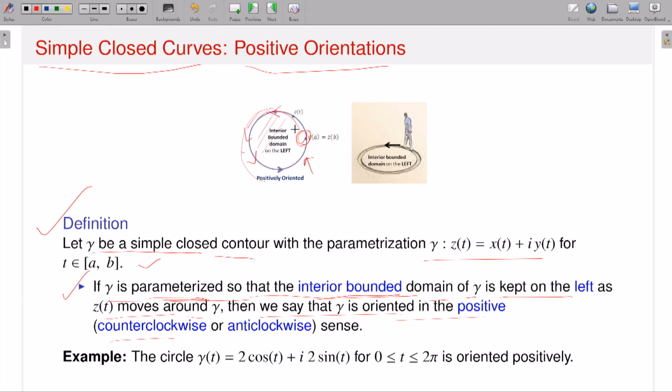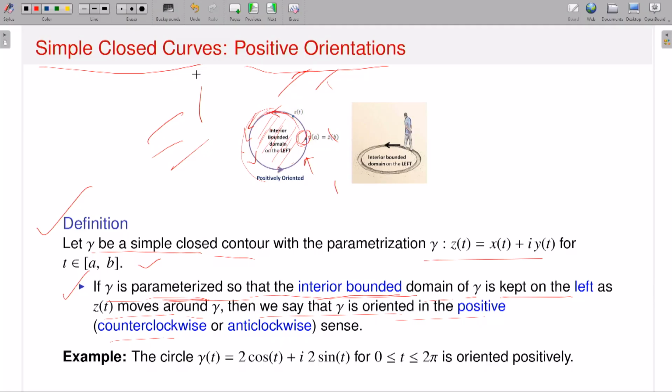This is the bounded domain bounded by my simple closed contour. This is the interior and this is the exterior. If I move along in these directions, the interior bounded domain is always on my left-hand side, and on the right-hand side I will have the exterior, that means the unbounded domain.